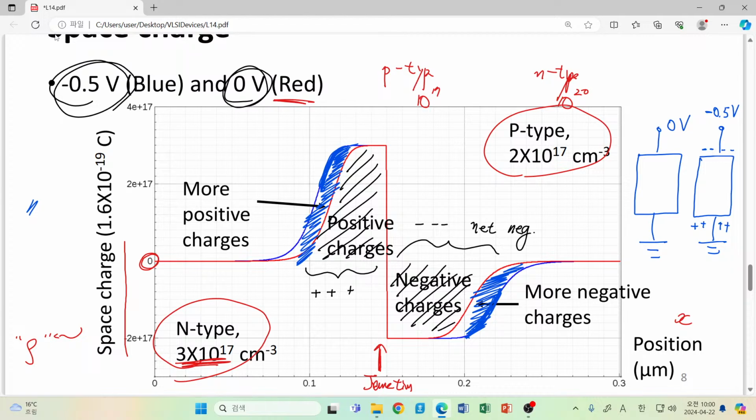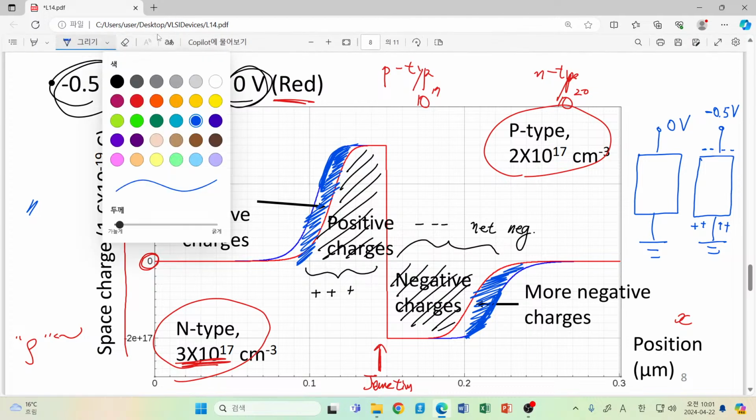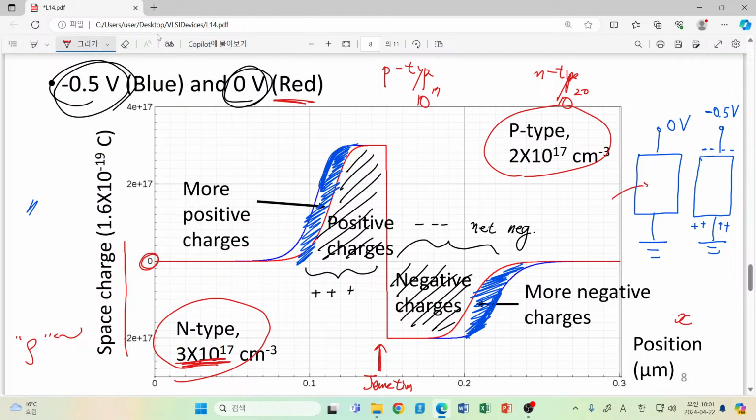That is the situation seen from these two curves. I'm not saying that in this case there is no net charge. I'm not talking about this statement.